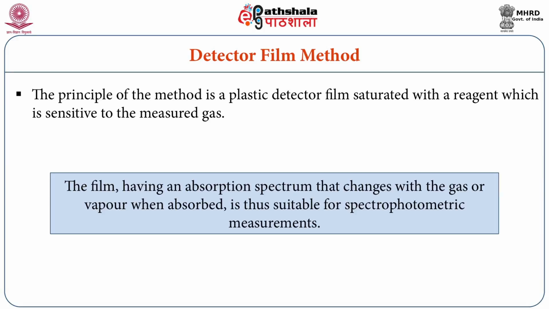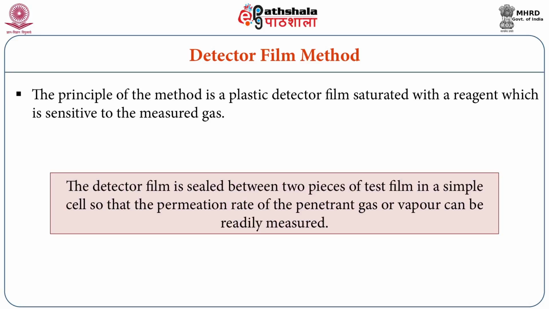The film has an absorption spectrum that changes with the gas or vapor when absorbed. It is thus suitable for spectrophotometric measurements. The detector film is sealed between two pieces of test film in a simple cell so that the permeation rate of the penetrant gas or vapor can be readily measured.